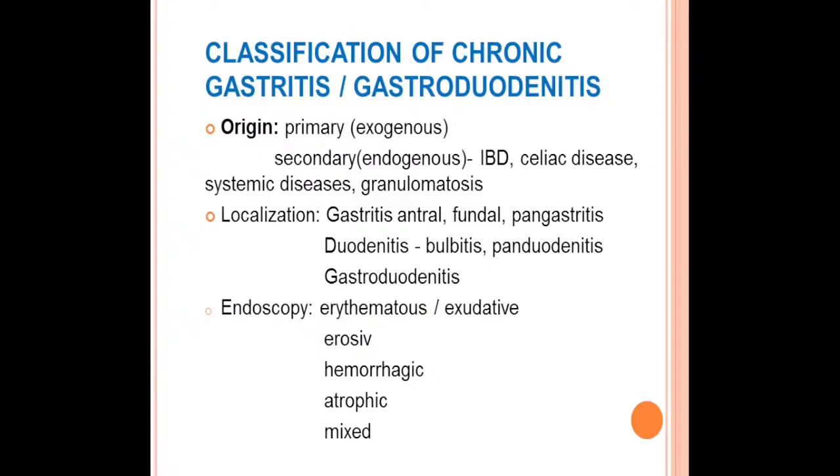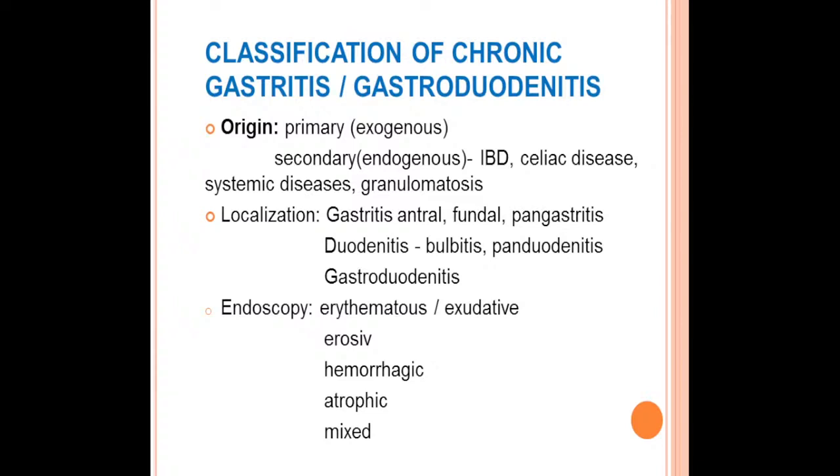The second position in the classification is the localization of the pathological process. Gastritis may be only in the antral part, the fundal part, or pan-gastritis. The more generalized the pathological process, the more severe the status of the patient and the more severe the clinical symptoms of gastritis or duodenitis.